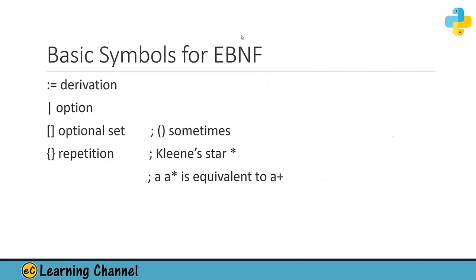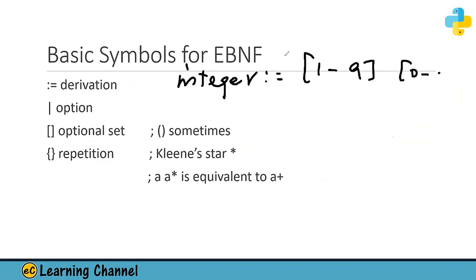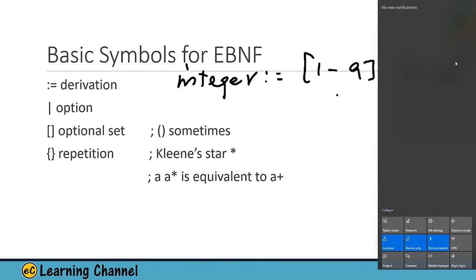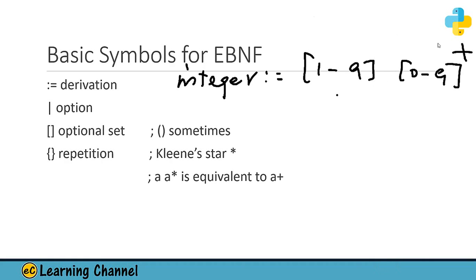So what is that? Let's look at this one. If I say my integer will be defined as 1 to 9, and then the next one can be 0 to 9 and then a star.